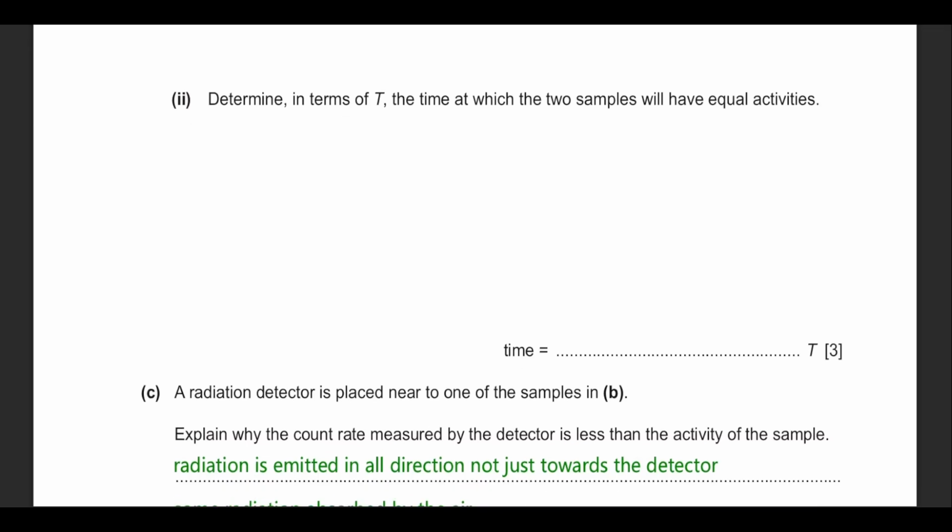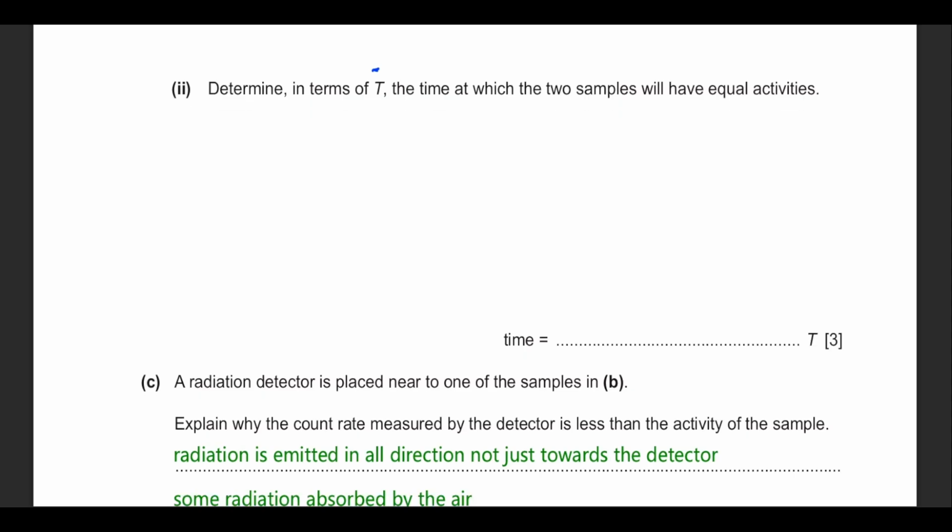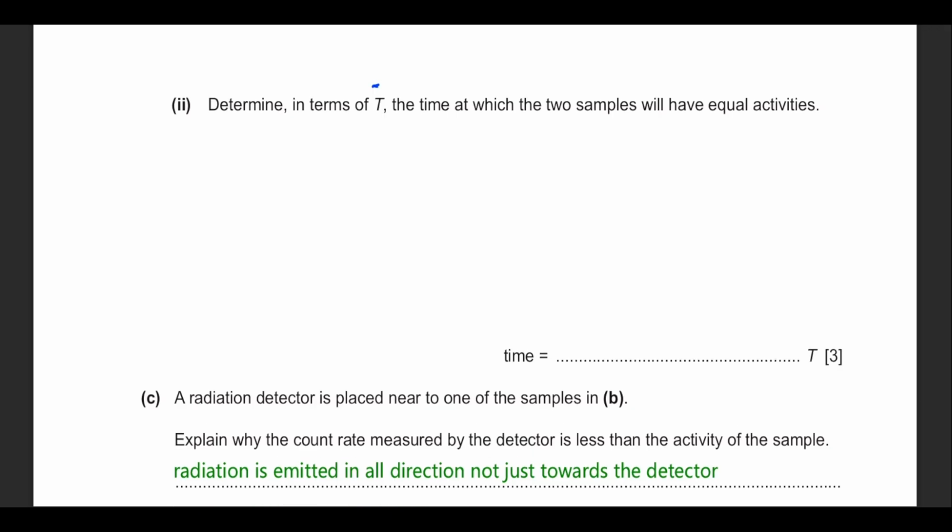Next, we have: determine in terms of capital T the time for which the two samples will have equal activities. Now, for the sake of equal activities, it's going to be a very hectic mathematical procedure, so please bear with me. They're going to be equal. Let's do this for x, and then for y.